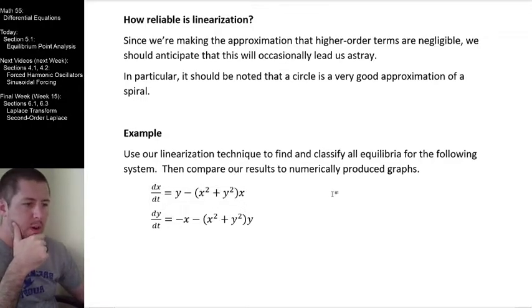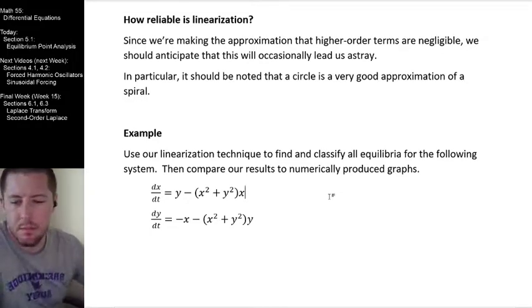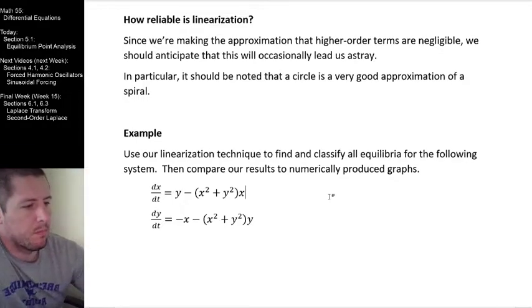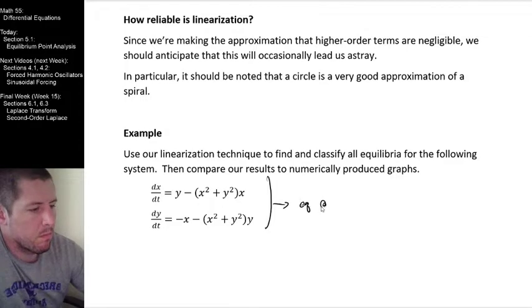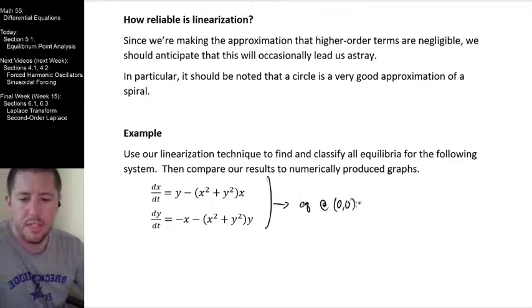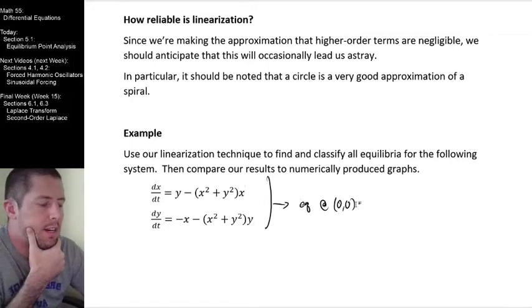I feel like 0, 0 is the only obvious equilibria that I can identify here. Trying to think of what my algebra argument is as to why I know that there's not another equilibria other than the origin right here.